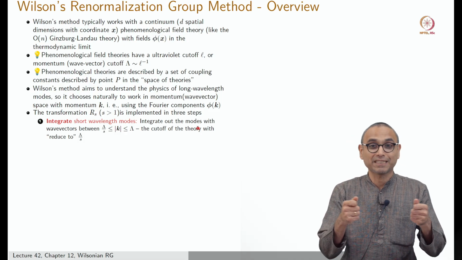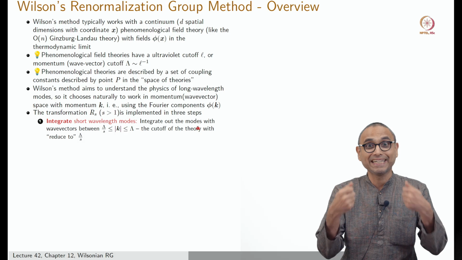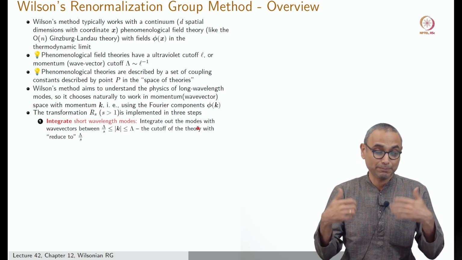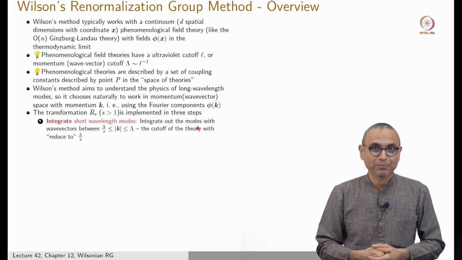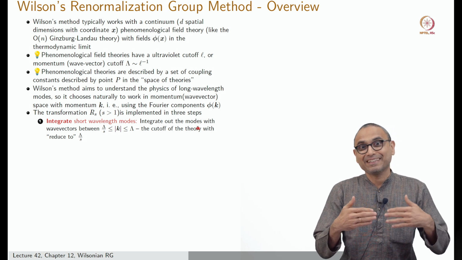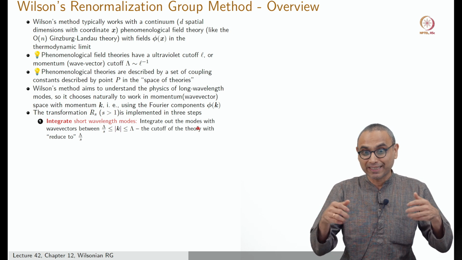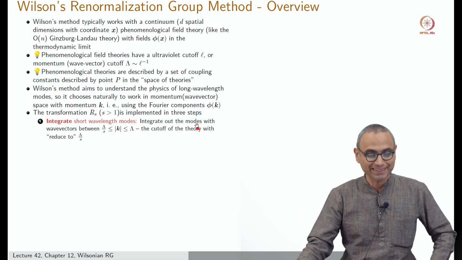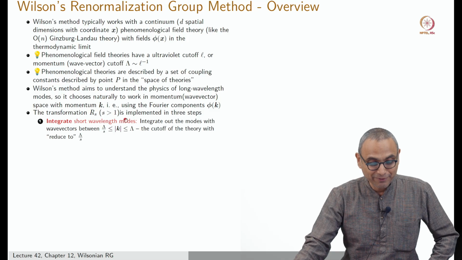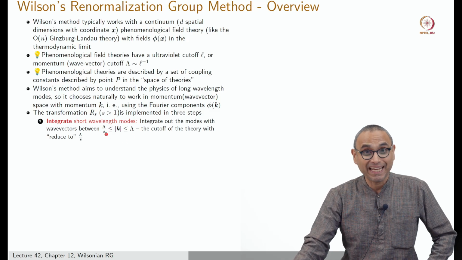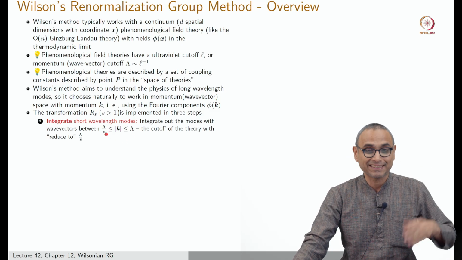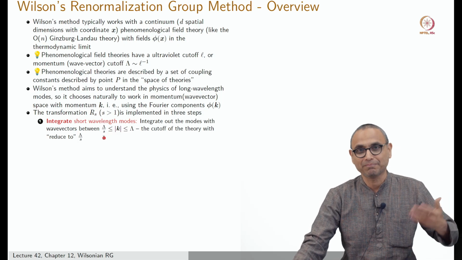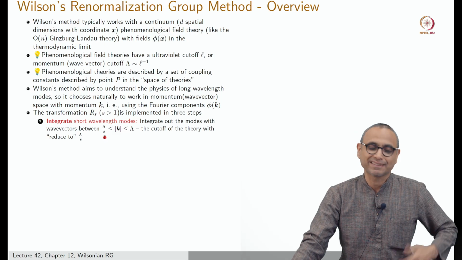In the real space method in the 1D Ising model, for example, we integrated out the spins on the odd sites. But here we are not integrating out real space degrees of freedom; we are going to integrate out modes that lie between Lambda by s and Lambda. Remember, s is the scale factor. Let us say s is 1.1 or something, so 1 by s is about 0.9.